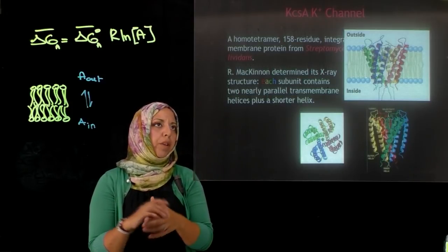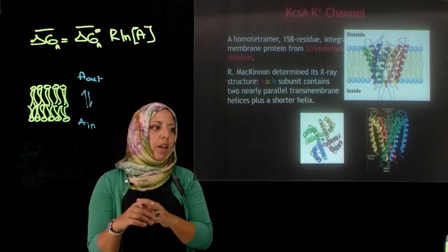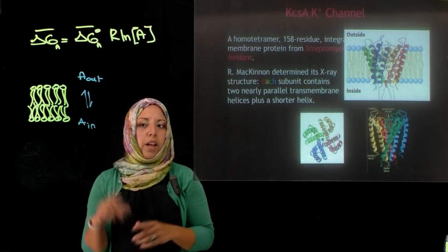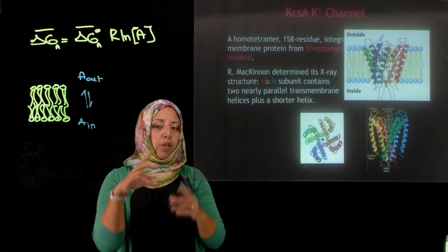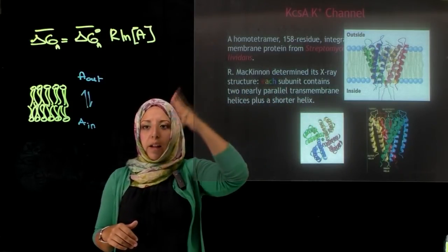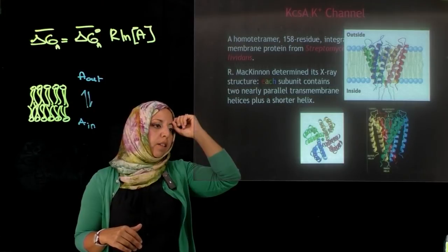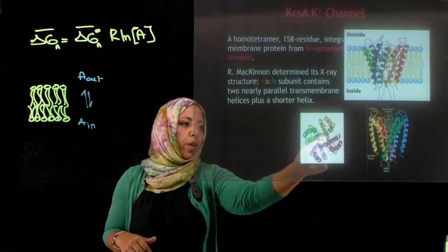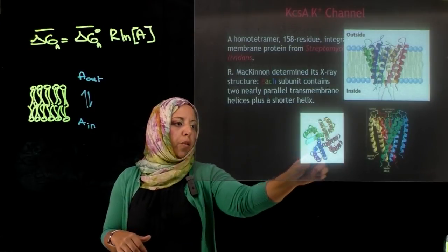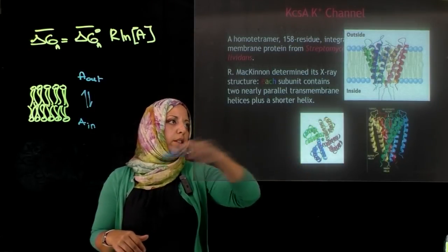It's a homotetramer, so it has 4 different subunits, and each subunit is colored in a different color, right? They're composed of 2 longer, nearly parallel alpha helices, and a shorter helix, right? So you can see you have 2 longer helices, and here's the shorter one.